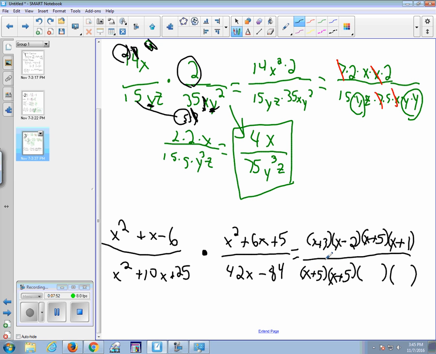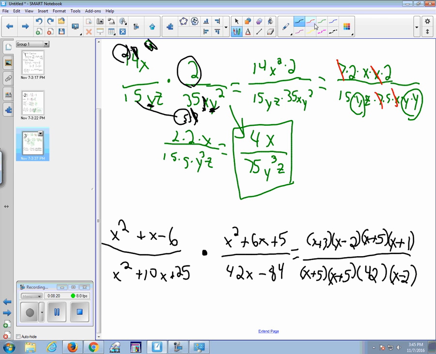All right. Now 42x minus 84. I only have 2 terms here. This isn't a trinomial quadratic. It's just 2 terms, but they have a 42 in common. So I just have 42 by itself, monomial. This is 42 times x. This is 42 times 2. It's minus, so it's minus.